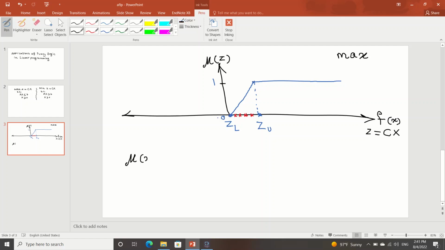Mu, the membership function of Z totally, equals, as you see, when Z is less than lower of Z, the membership degree equals 0.